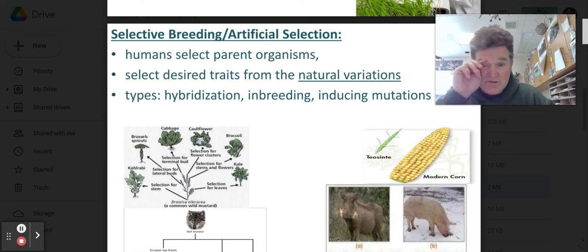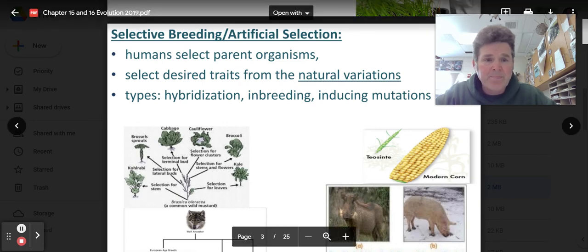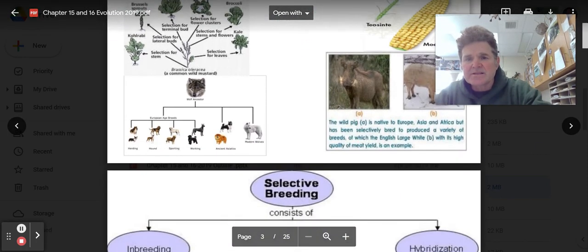Let's pick one that produces a lot of leaves and then breed it to another one that has a lot of leaves, or breed it back to itself. And with plants, that's pretty easy when you manipulate the flowers. By doing that, they're able to produce something very leafy like cabbage, or something very leafy like kale. But maybe they selected it for a real thick stem and did that over and over again, and they created kohlrabi. The common dog's ancestor was a wolf.